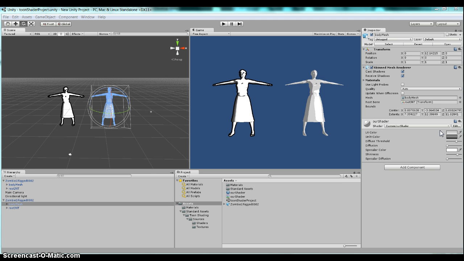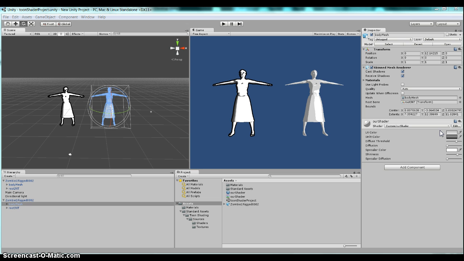The Toon shader is a non-photorealistic shader, and it mimics a hand drawing, so it makes the object look like it was actually drawn by hand. They always have very hard gradients, which gives them the cartoony look, and usually they're also built with outlines.